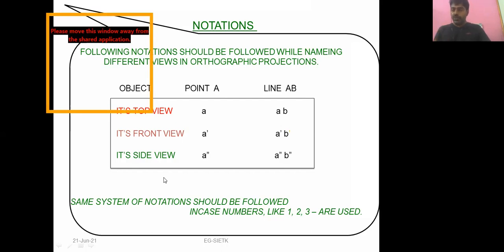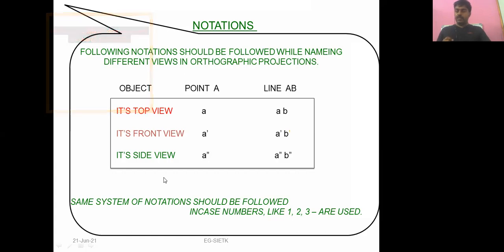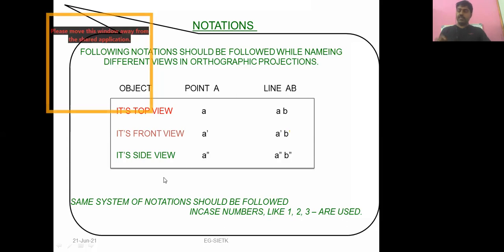Next line, front view. The front view is always represented by small a dash, a with a dash on top, comma b dash, c dash, etc. Front views.